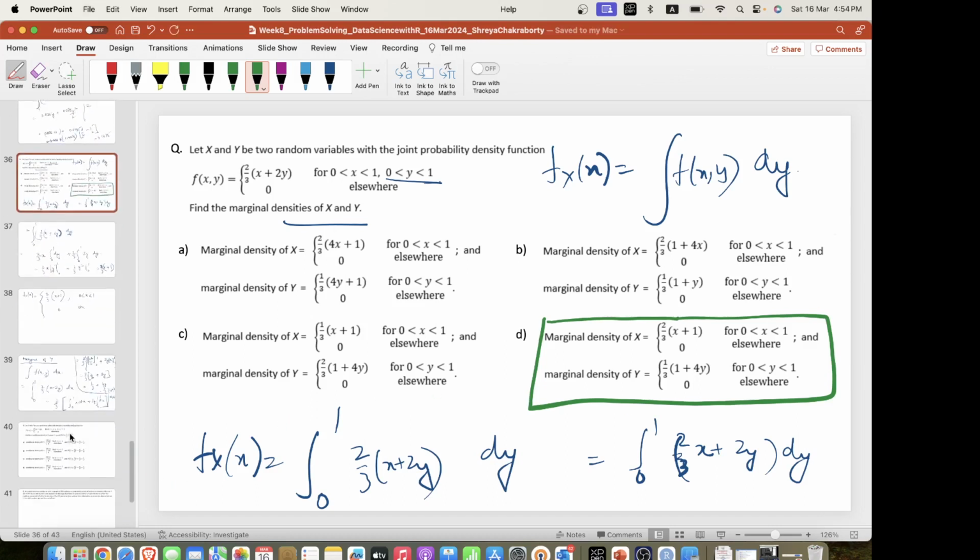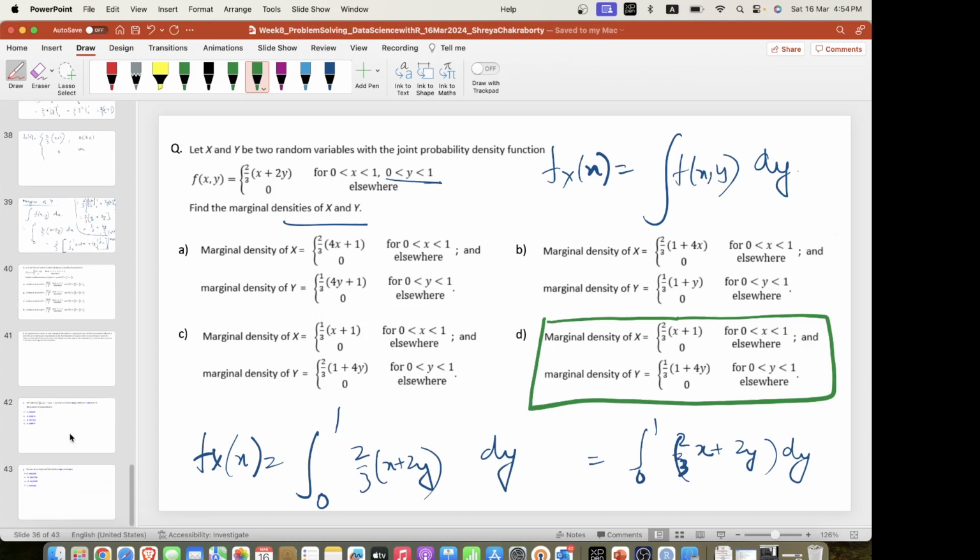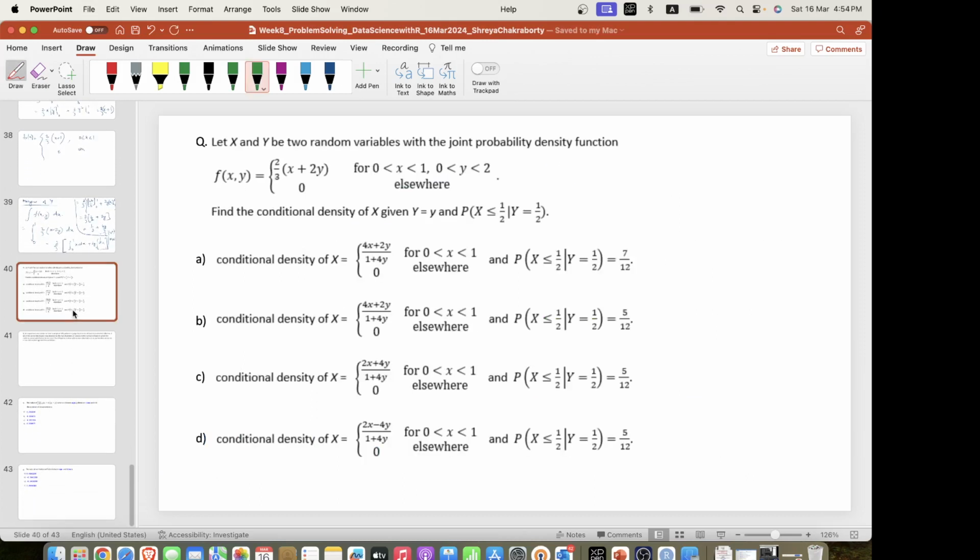Yes, ma'am. Okay. Now once you have this, the next question is what will I do when I have a conditional distribution? So, same question, same PDF. Now, find the conditional density of x given y equal to y, and the probability x less than or equal to half given y equal to half. So, what to do?